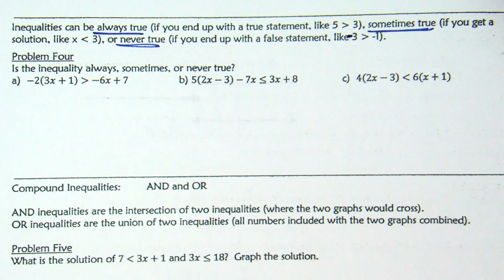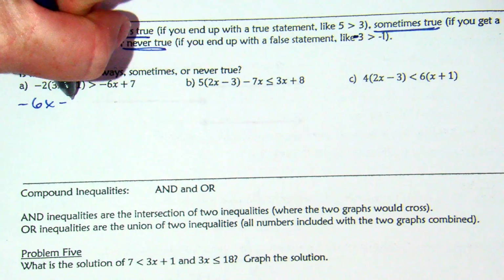First step, as almost everything we've done lately, Whitney? Distribute. So as I distribute, this is going to read negative 6x minus 2 greater than negative 6x plus 7.